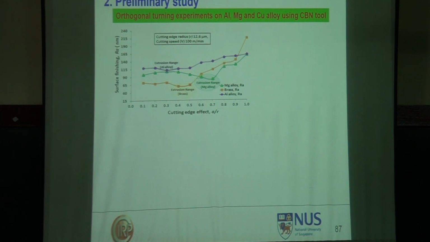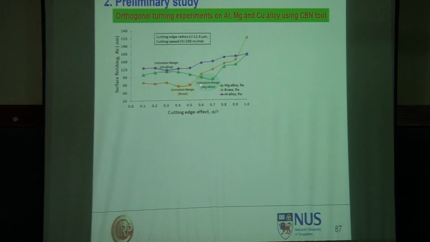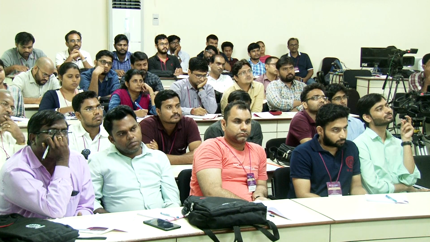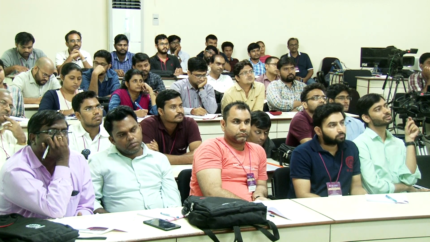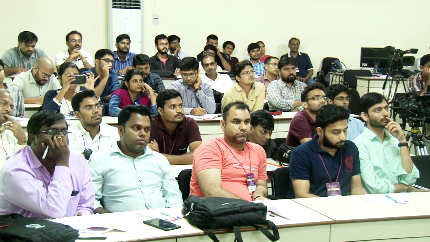Okay. So now if you look at this, this is magnesium alloy. For magnesium alloy, the critical chip thickness at an edge radius of 0.7, we get the minimum, best surface finish. Correct?